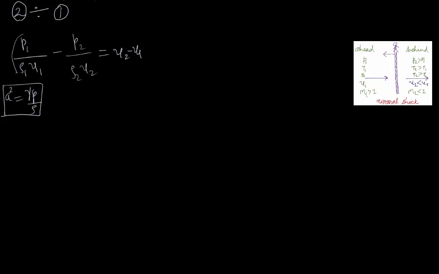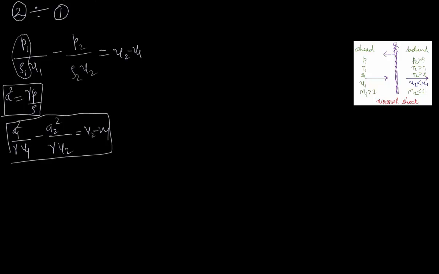In the first term, P1 by rho 1, we will replace it by a1 square by gamma into U1, minus a2 square divided by gamma into U2, equals U2 minus U1. What does this equation represent? It is nothing but a combination of the continuity equation and momentum equation.